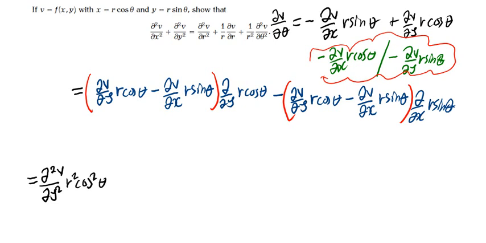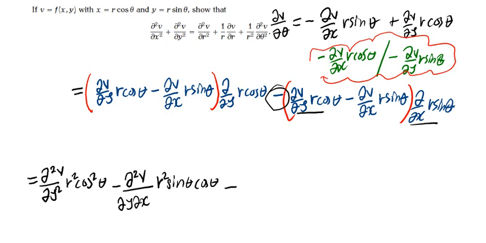Then minus, this is going to be second partial of v, a mixed partial, partial of y, partial of x, and that's going to be r squared sine theta cos theta.